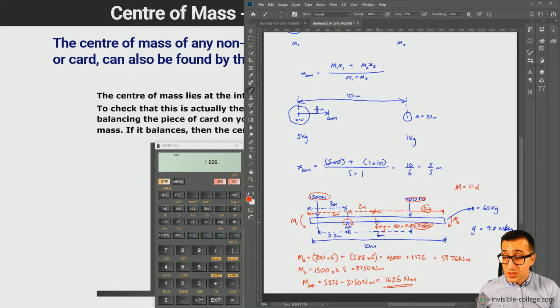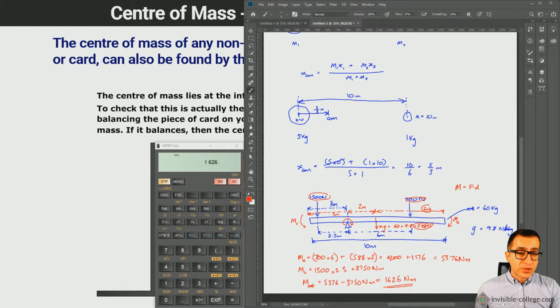Now, if this pivot point was directly under the center of mass of this seesaw, then obviously the mass of the seesaw would not contribute to the clockwise or the anti-clockwise moments, and so you could disregard the mass of the seesaw. Since the pivot of this seesaw is shifted away from underneath the center of mass of the seesaw, the weight of the seesaw itself actually contributes to the overall turning effect on this object.